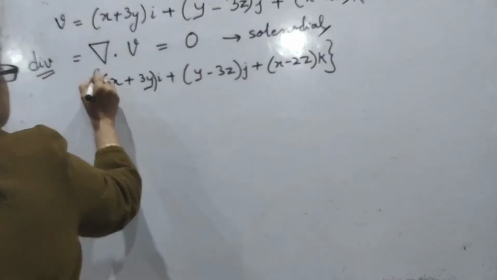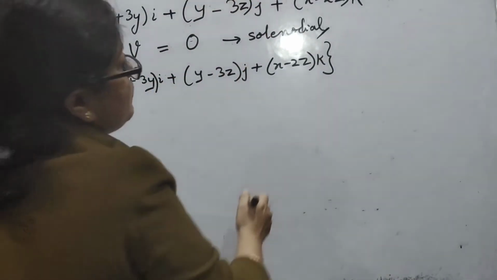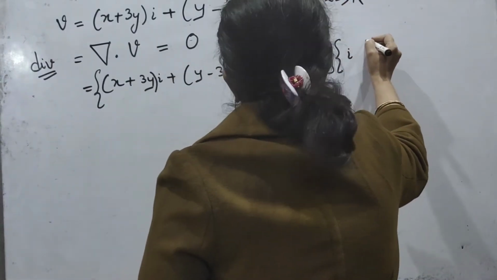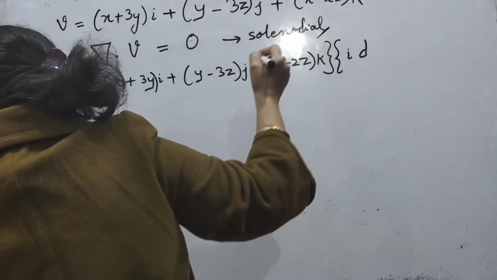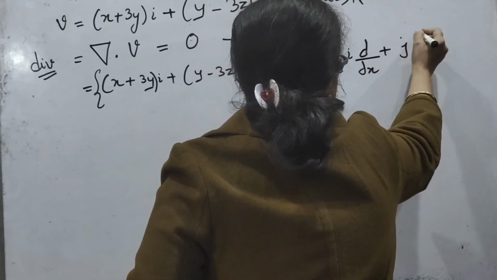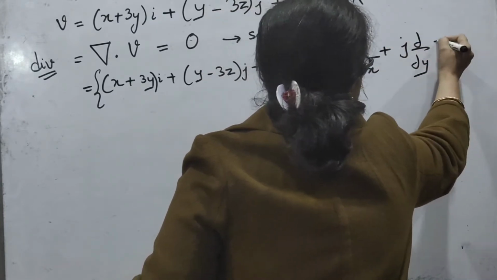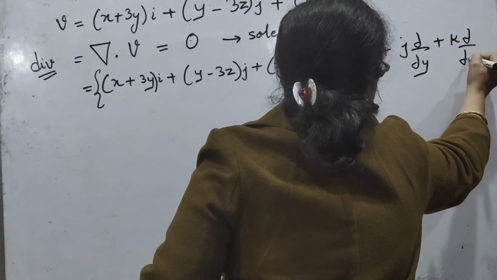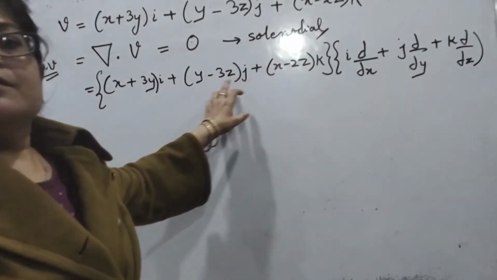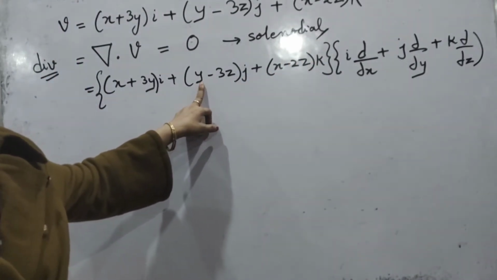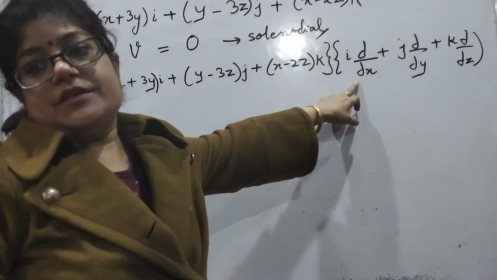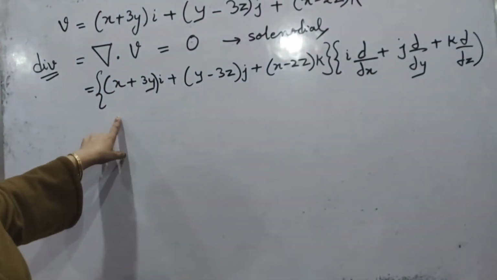Now multiply the whole of this given vector with the operator i d/dx, j d/dy, k d/dz. That is, you have to find the dot product, that is the scalar product of the vector, and at the same time you have to differentiate it.